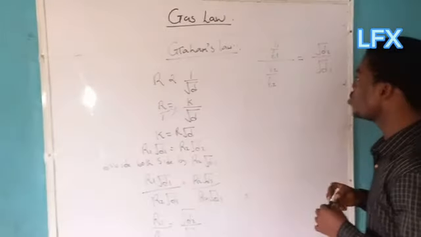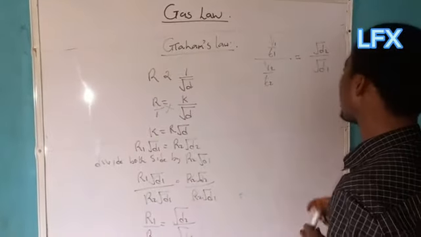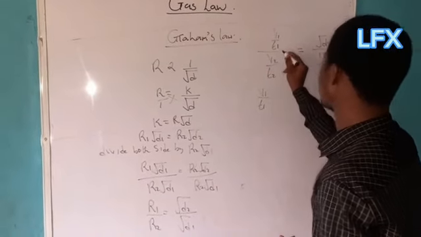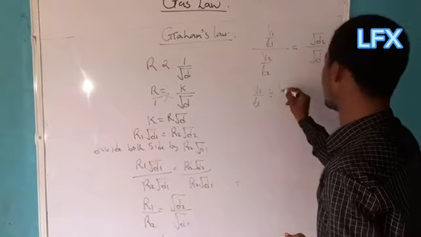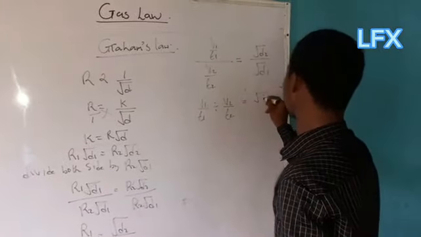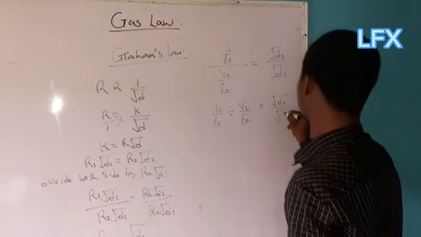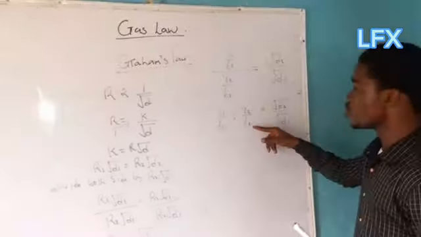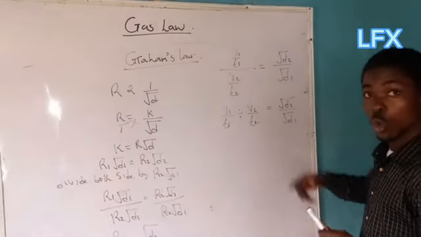So if I continue from there, I will have V1 over T1 divided by V2 over T2 is equal to the square root of D2 divided by the square root of D1. So if this division turns to multiplication, T2 will come up and then V2 goes down.